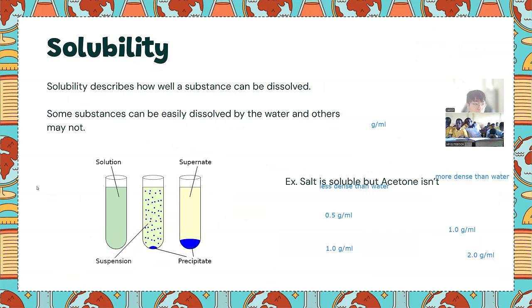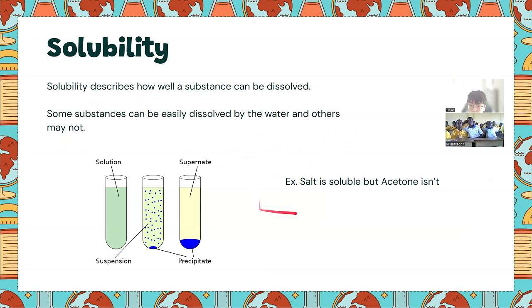And now let's move on to solubility. So solubility describes how well a substance can be dissolved. Some substances can be easily dissolved by water or other liquids, and others may not.